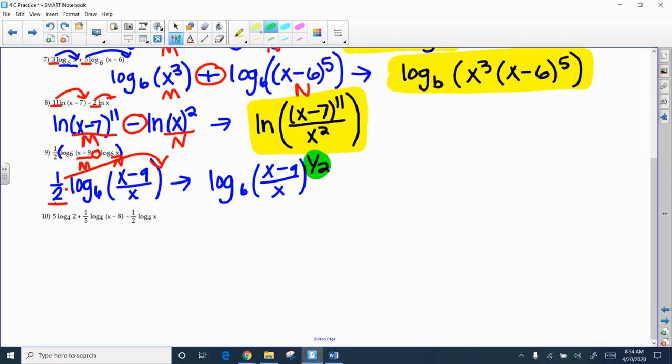Remember, when we have a fractional exponent like this, it can be rewritten as a radical. A 1/2 power is a square root. So since the x minus 9 over x is to the half power, I could write that under a square root: log base 6 of the square root of x minus 9 over x. And that's how I would write this expression.